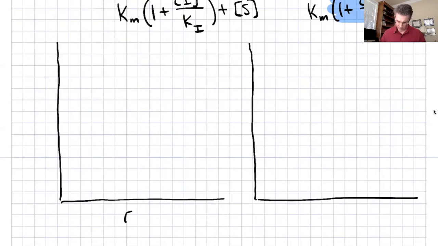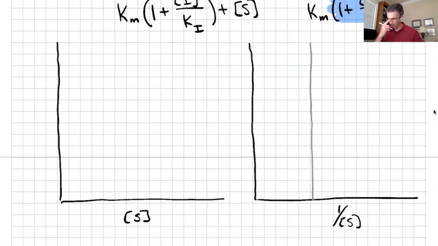So here we've got the concentration of substrate. Here we've got 1 over the concentration of substrate. And remember, our axis here is offset a bit, because our true zero axis is going to be right around here. And then on the y-axis we have our initial rate. Here we're going to have 1 over the initial rate.